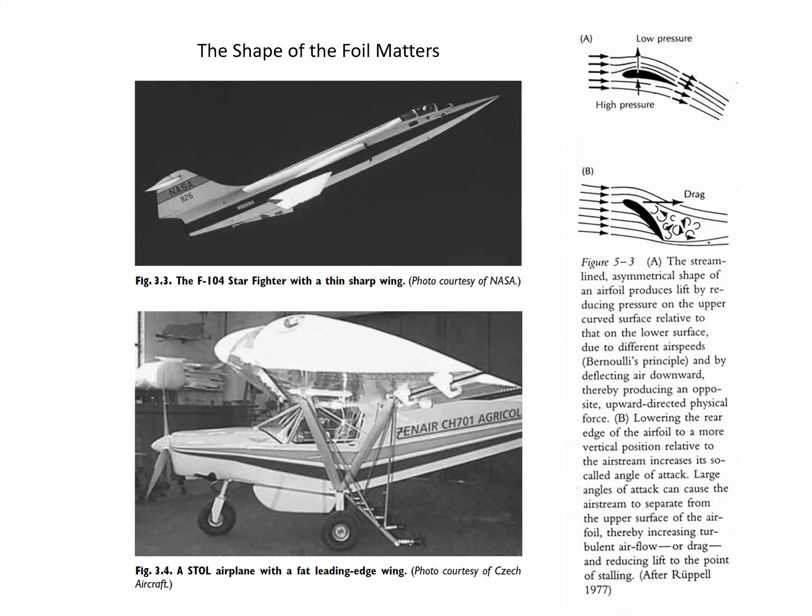So it would tend to stall much more readily than the highly cambered wing of this airplane. So it could fly a lot slower and not have that reversal in the pressure gradient and stall.